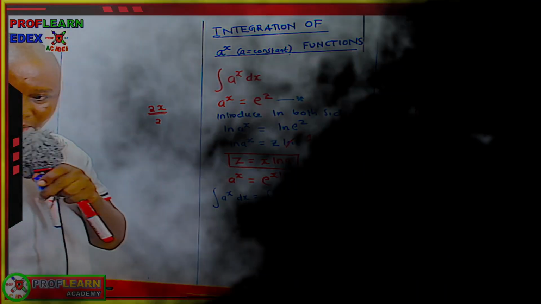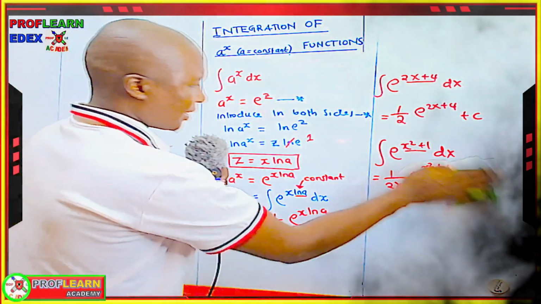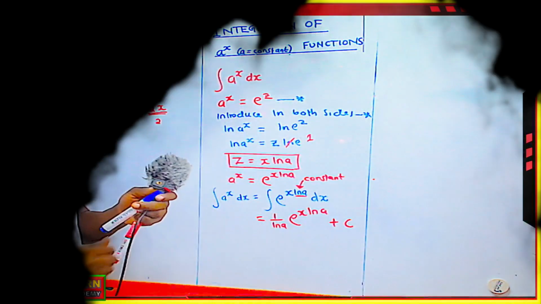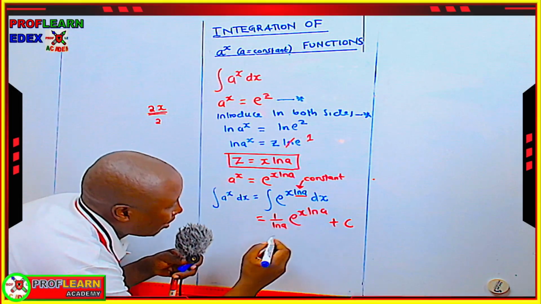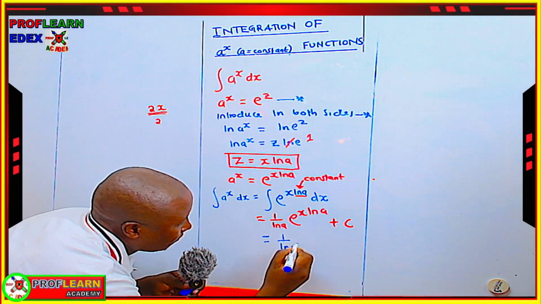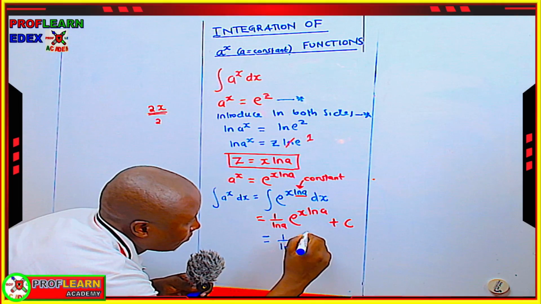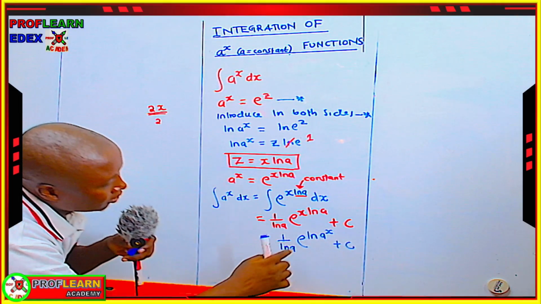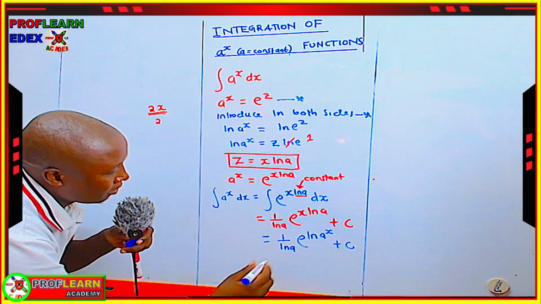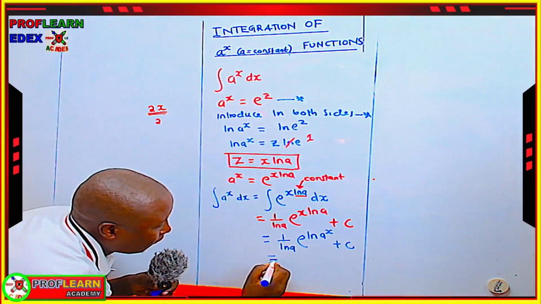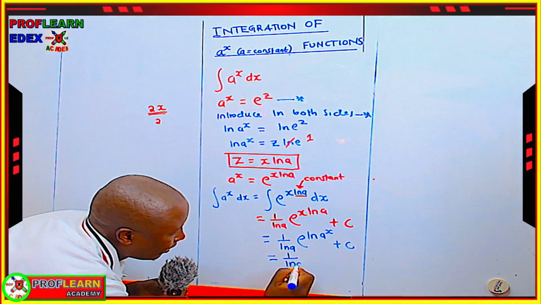At that point, we cannot leave our answer that way because, using the laws of logarithms, we can take this power up, and this is going to be 1 over ln a, e^(ln a^x), then plus c. I've taken this on top here, but ln e is 1.